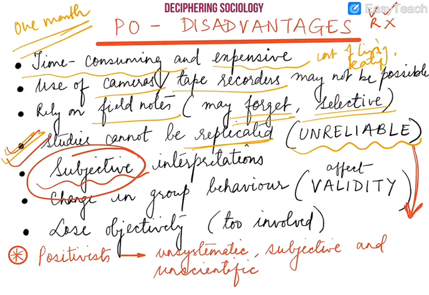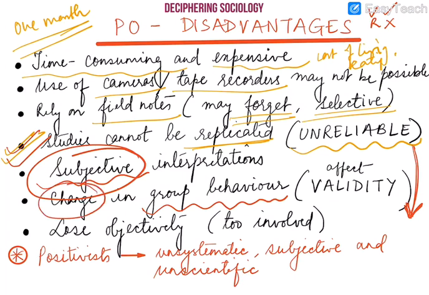Another point is that there is a change in group behavior. So what happens here? The researcher is there asking questions to people, and people may or may not know that this person is asking questions, but there will be a change in group behavior.